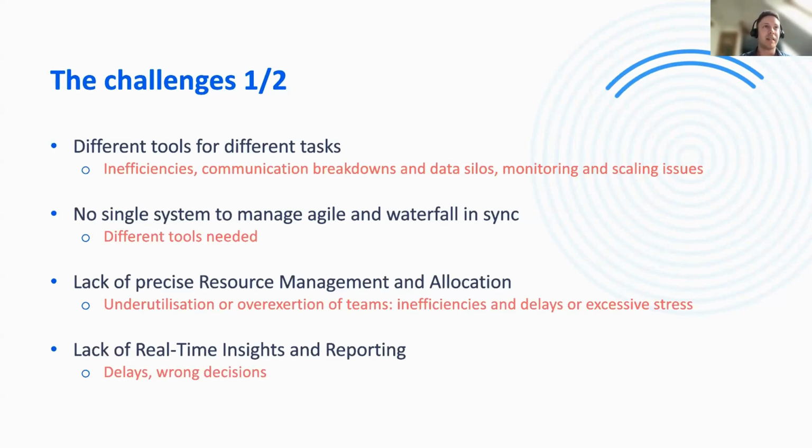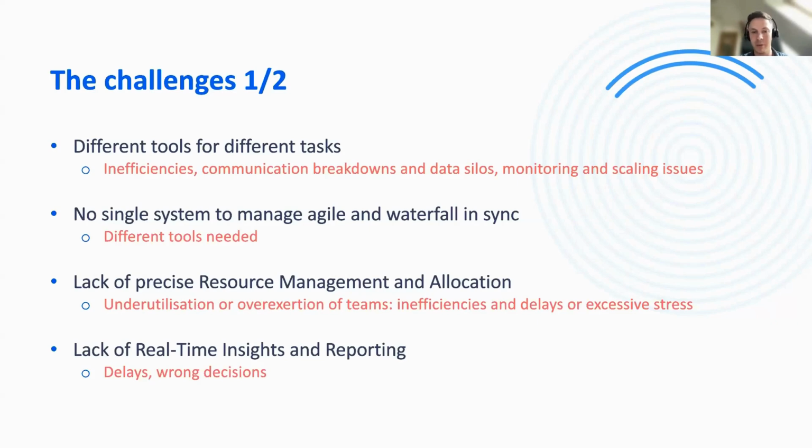As a result of this, there's no single system to manage both Agile and Waterfall, especially not in sync. You can have tools that enable resource management and allocation, but it would be great to have it all in one. And if you don't have this sort of bird's eye view all in one preview, then some teams and some people are underutilized, which leads to inefficiencies and delays.